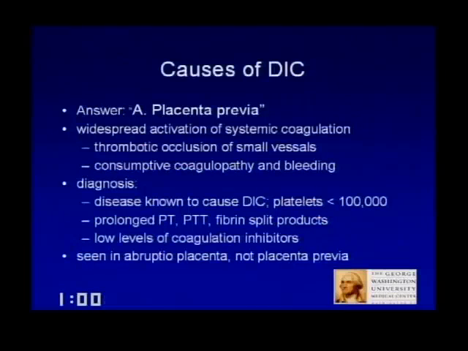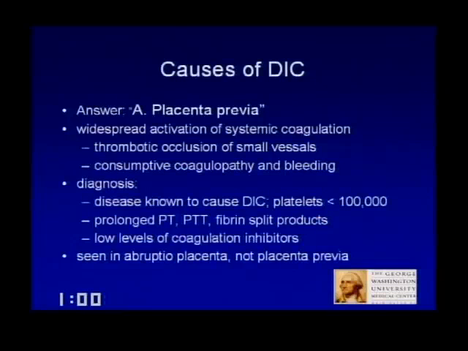Some of the lab parameters of DIC include prolonged PT, prolonged PTT, increased fibrin split products, and a low level of coagulation inhibitors. So all three of these conditions can be tested for and should be present if the diagnosis of DIC is made. It is present in all of the conditions that we listed here except for placenta previa.